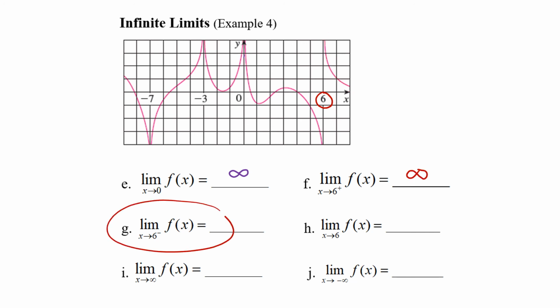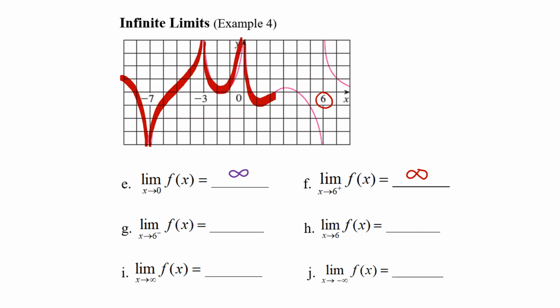Now I have the limit as x approaches 6 from the left, and as I get closer and closer to 6 for my input, I hit this vertical asymptote, and this side seems to be approaching negative infinity. Since my left and right-hand limits are not equivalent, the limit as x approaches 6 of f of x does not exist. My function is heading in opposite directions.